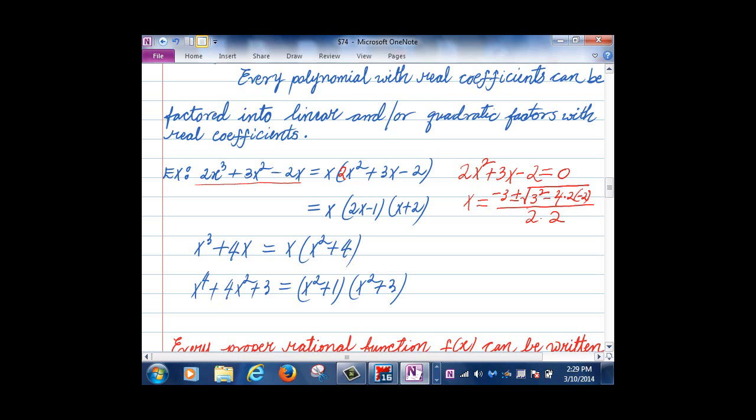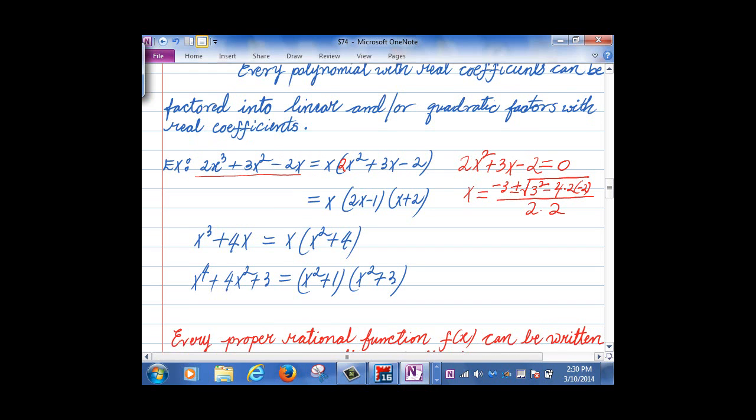So if you factor this quadratic, you get 2x minus 1 multiplied by x plus 2. How many of you remember how to do that? Everybody remembers. If you don't, in a bit I'll show you what to do to factor that.